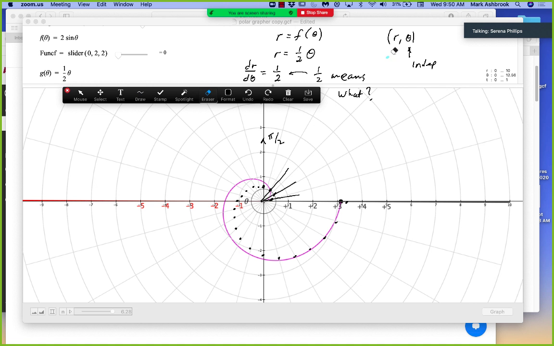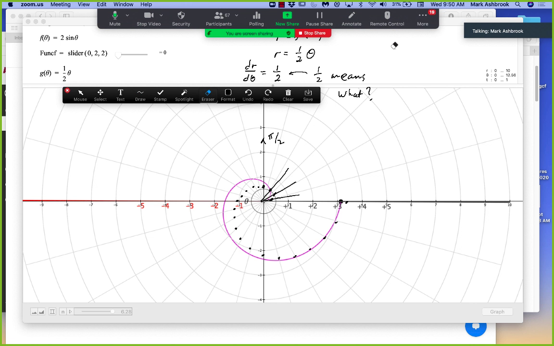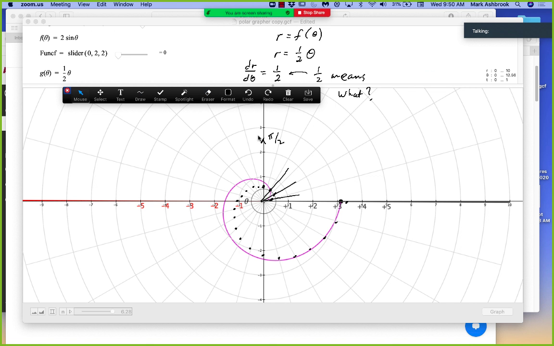As theta increases, r increases 1/2 times theta. Okay, pretty good. Anybody else want to try it in their own words? I would say it increases 1/2 the change in theta. So start from the beginning. For every small change, dr is equal to 1/2 the change in theta.